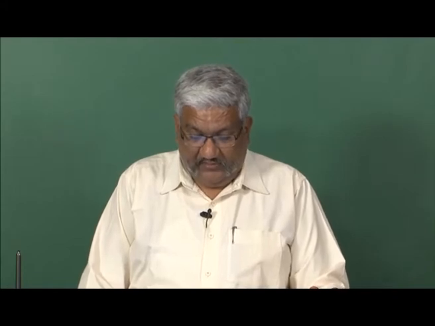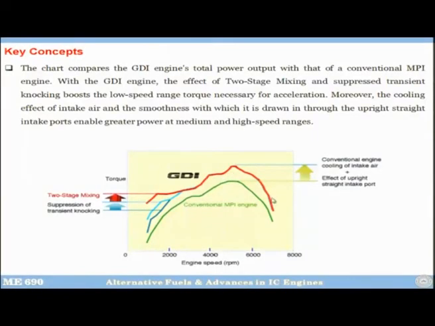On an apple to apple comparison basis, you can see that the GDI engine's performance in terms of power output and torque output is much more superior to the conventional MPFI engine across the speed range. So basically with the GDI engine, the effect of two-stage mixing and suppressed transient knocking boosts the low speed torque necessary for acceleration.